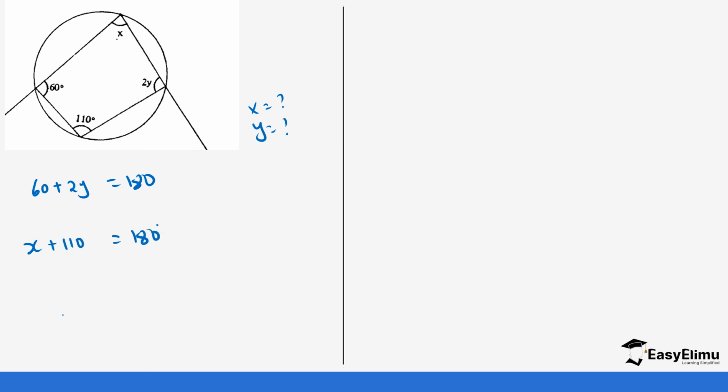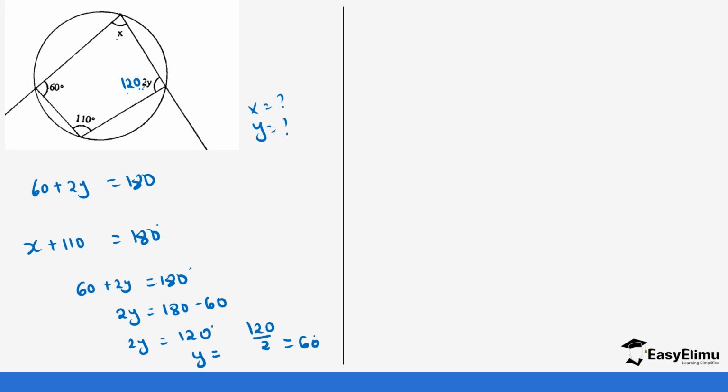So let's solve that. So 60 plus 2y is equal to 180. So 2y is equal to 180 minus 60. So 2y is equal to 120. So y gives us 120 divided by 2, which is equal to 60. So this y is 60, but there are two of them, so it becomes 120 degrees.